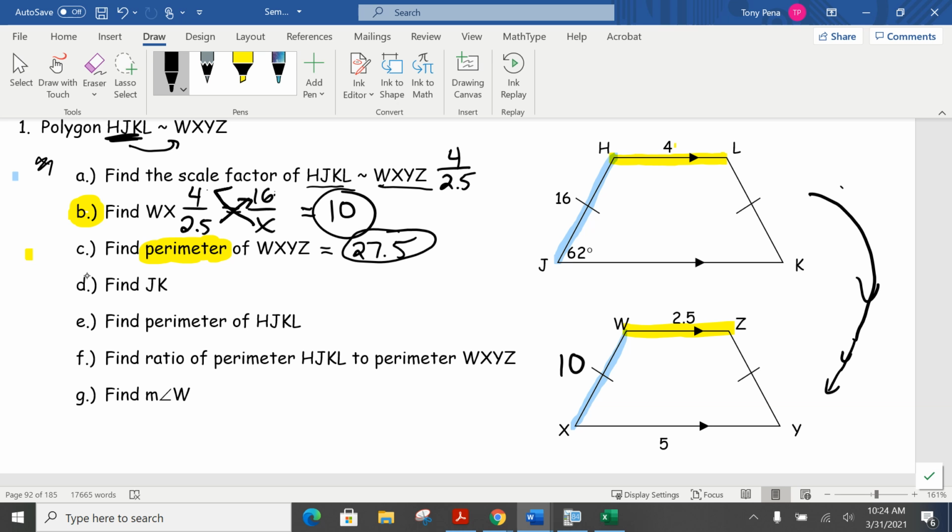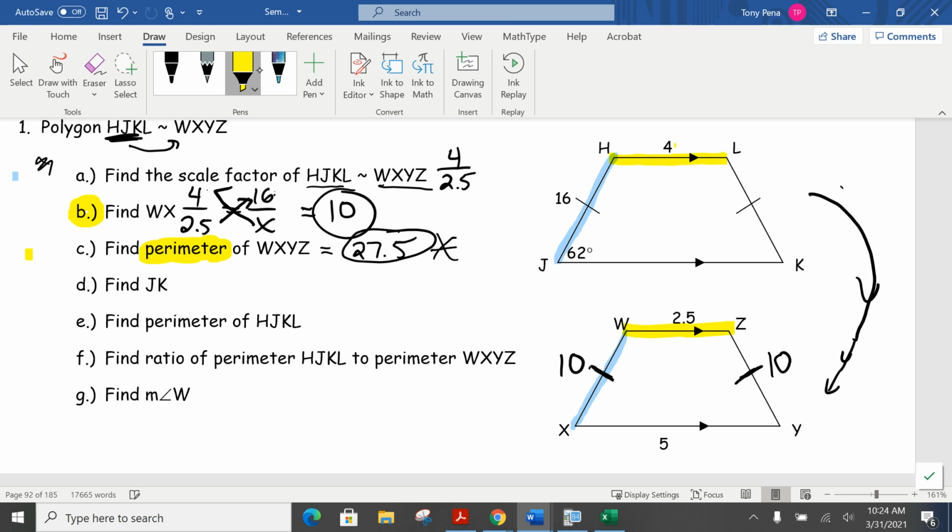So we add up all of these sides. We had 2.5, we had 10, we had 5, but we didn't know this side, right? But what he said is he knew that these had tick marks. So from last module, tick marks mean those sides are congruent. Now that we know that side is a 10, this side must also be a 10. Add all those up, and we get this 27.5. All right, good.